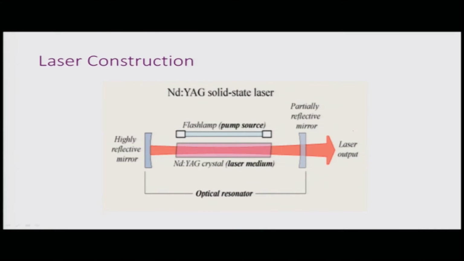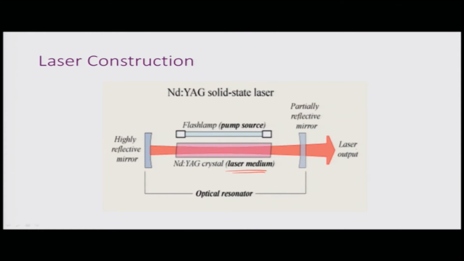So, here is a picture of how a typical laser in operation today looks, for example, a neodymium YAG solid state laser, in this case with a flash lamp pump source pumping the amplifying media, which is the laser media, which is then put inside an optical resonator.